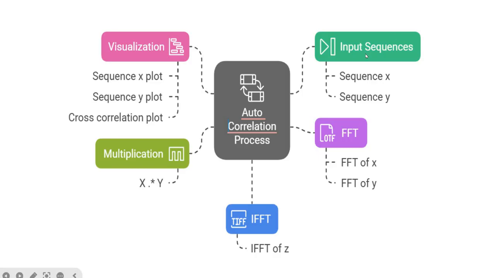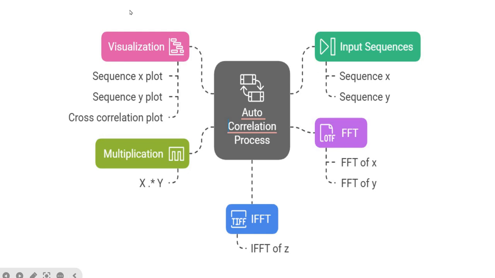What you are doing is, we are taking the input sequence x, we are flipping that, we will get the sequence y. Then we'll find out the fast Fourier transform of x and fast Fourier transform of y. After that we'll multiply that. This is nothing but the pointwise multiplication. Once that is done, we'll find out the inverse Fourier transform.